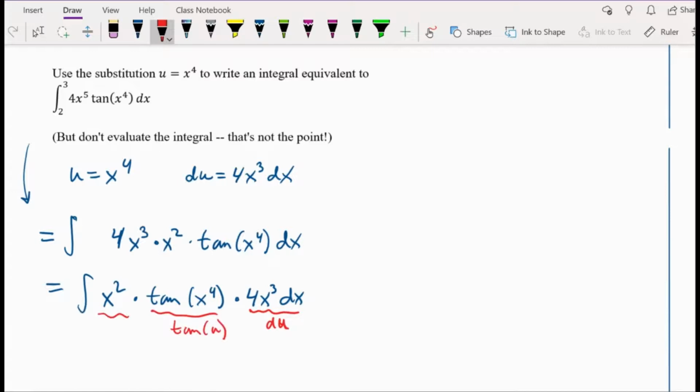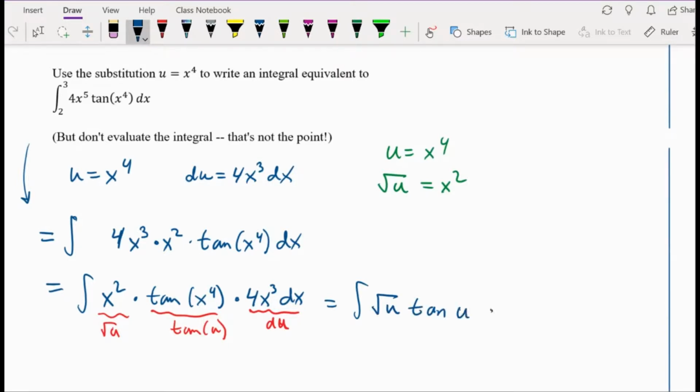Well, if u equals x to the fourth, then that means the square root of u is equal to x squared, right? So it means I can rewrite the x squared as the square root of u. So this integral equals the integral of square root of u tan u du.